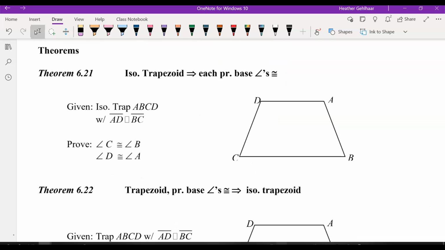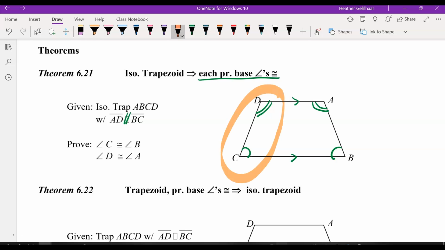Next, in our isosceles trapezoid, each pair of base angles will be congruent. So again, these are parallel, and our base angles are congruent. Angle C and angle B are congruent, and angle D is congruent to angle A. The next thing I want you to notice is angle D and angle C. Those are consecutive angles, so when we add them we can set it equal to 180.